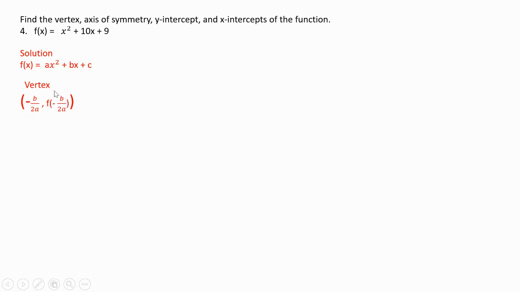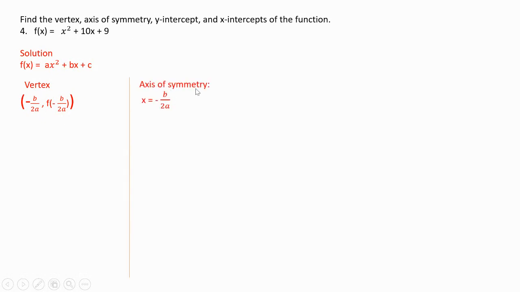Hey guys, the second part here always kind of freaks students out, like, what in the world is this? It's not that bad. What it means is this is my x value, this is my y value. When you find the x part of the vertex, all we do is plug this number into the original, and you find the y.